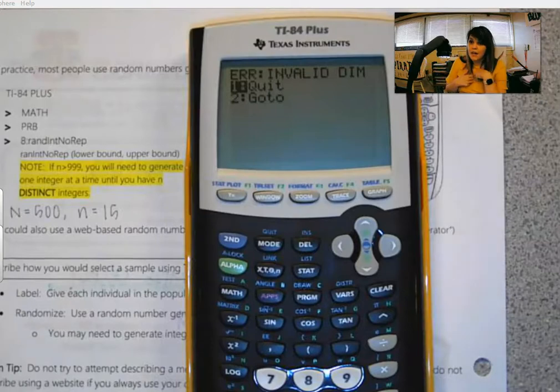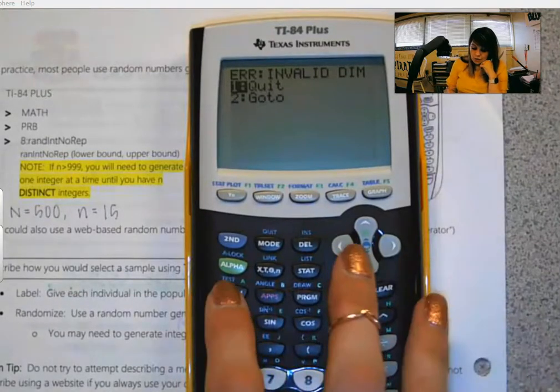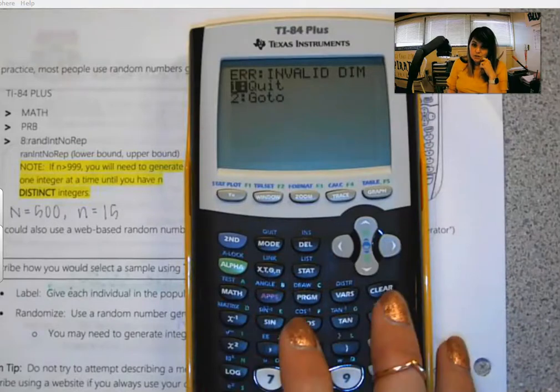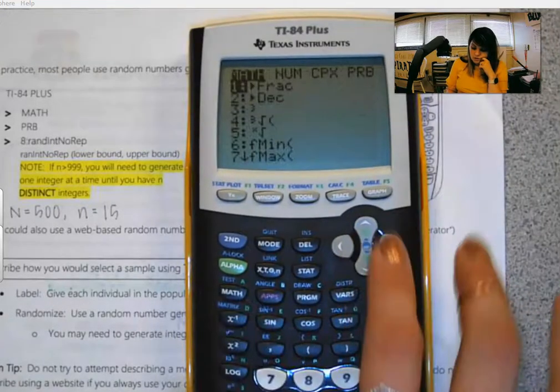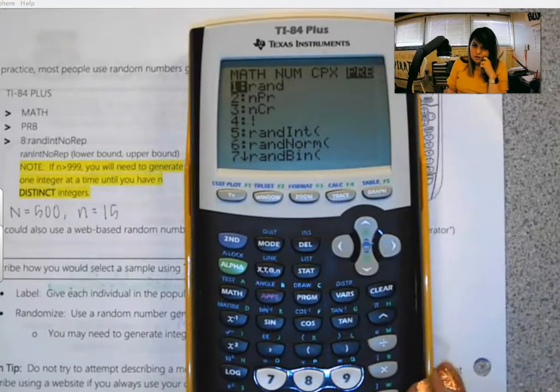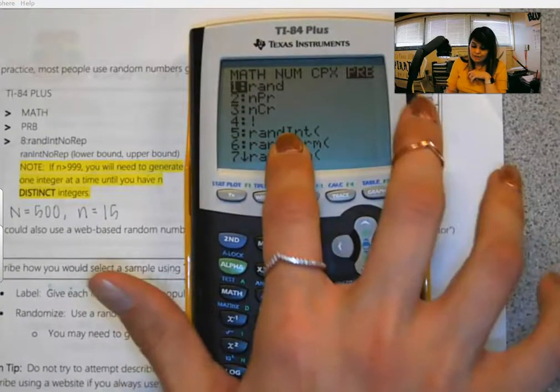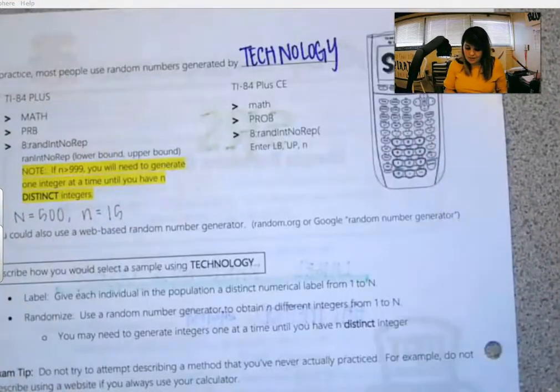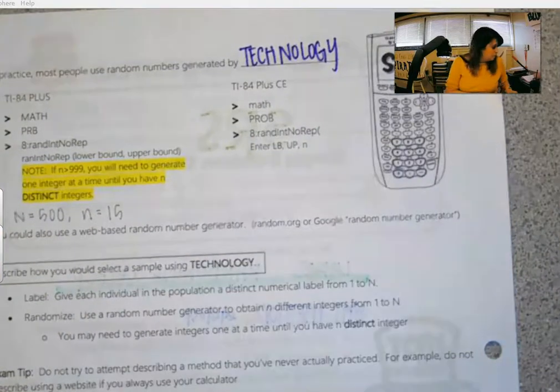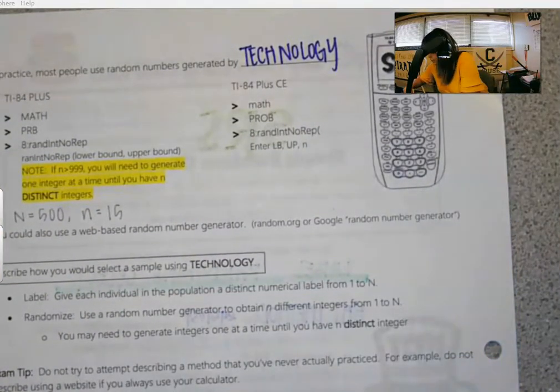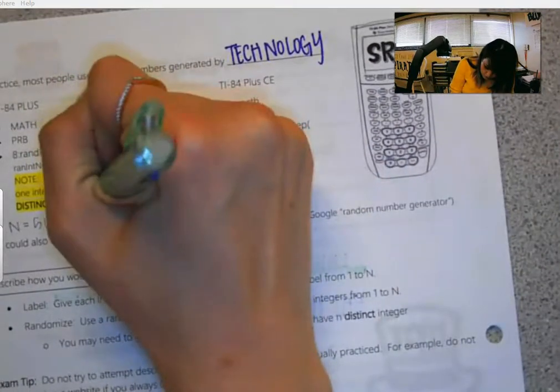So what we have to do instead is go to Math, Probability, and we have to choose 5 instead. So we may want to write that in. I'm just looking for my red pen. When you have to do it this way, you have to use menu option 5 instead.